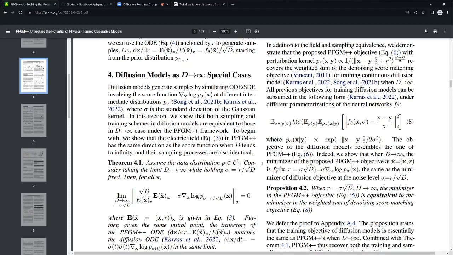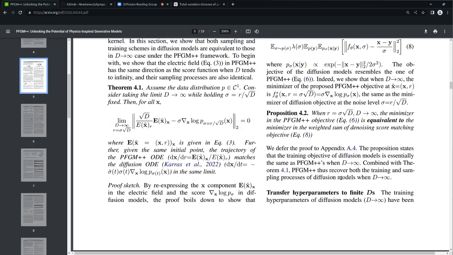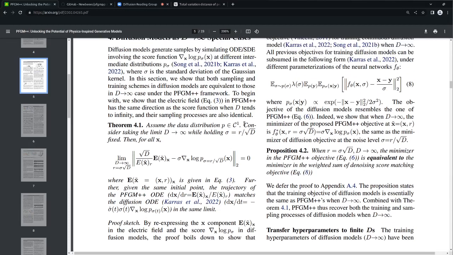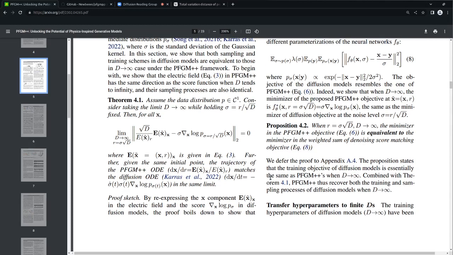I think they mentioned that the proof is basically showing that these two objectives are the same, or essentially the same. I think they put it well here: 4.1 tells you the sampling processes are the same. 4.2 tells you the training processes are also the same.